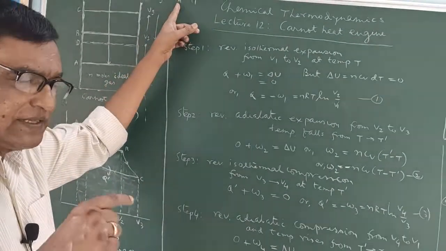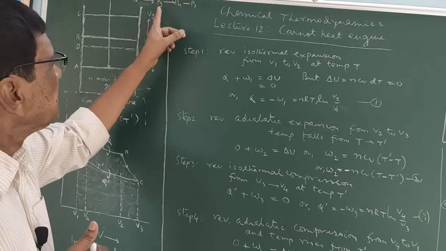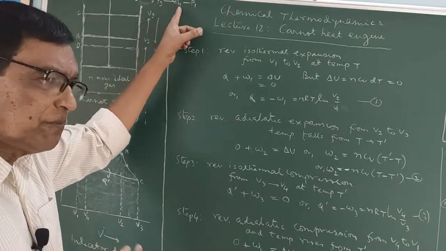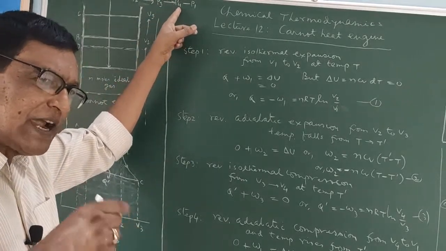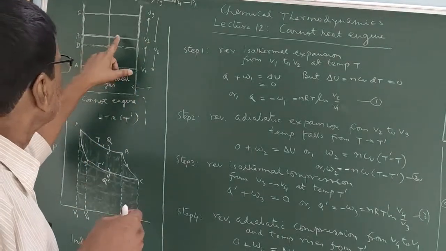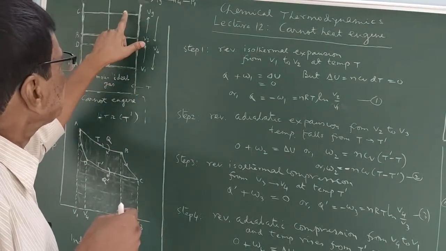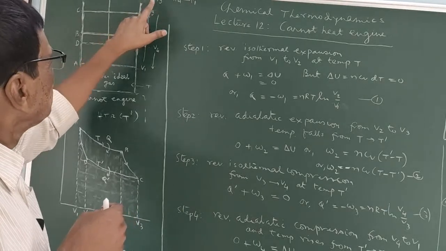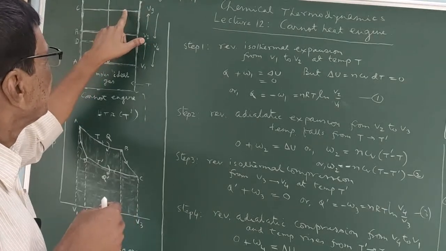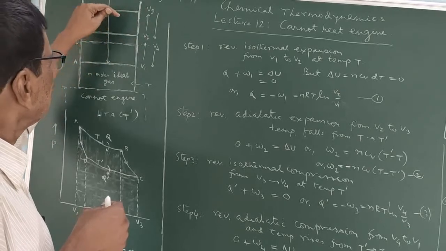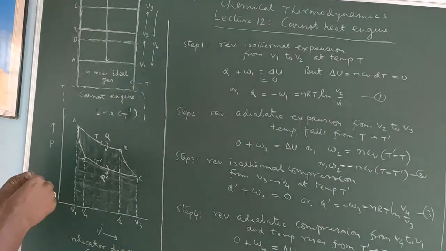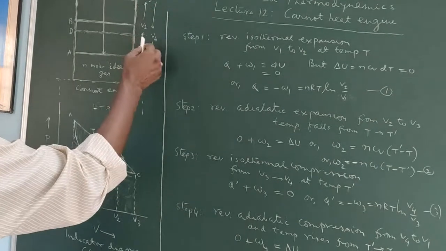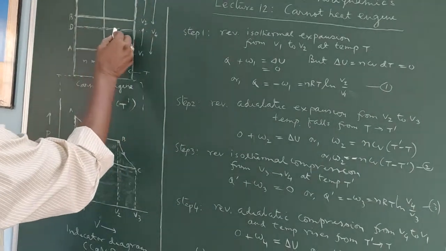P4 is high. P3 is increased to P4 by adding sand grains over this piston. And so, whenever load is increasing, this piston is coming down.